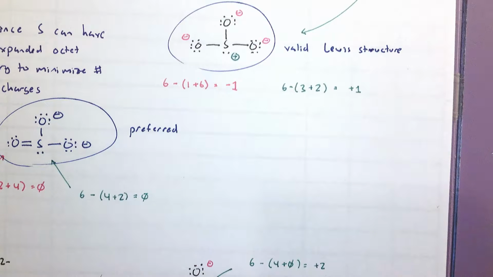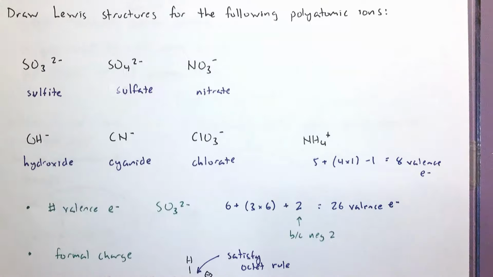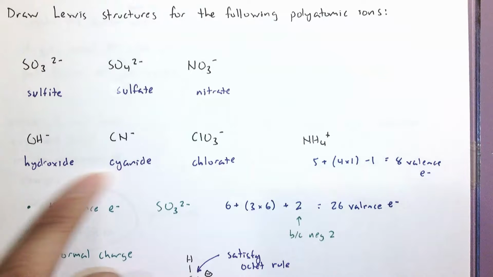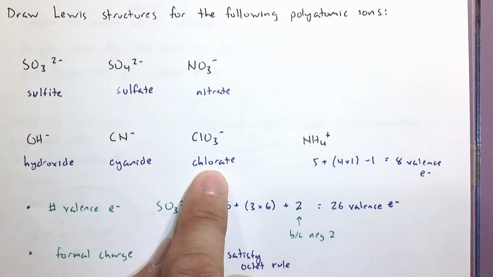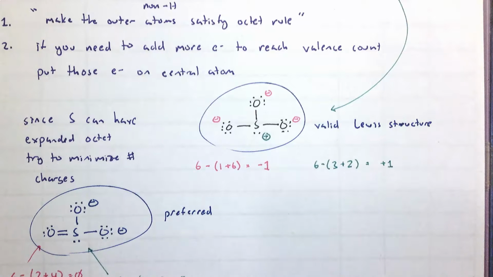We have 4 more. I'm going to do nitrate, and then I'll probably assign the rest for extra credit. But let me show you nitrate. Nitrate is, again, unusual. With chemistry, it's not a red flag that you don't know how to do something right away.